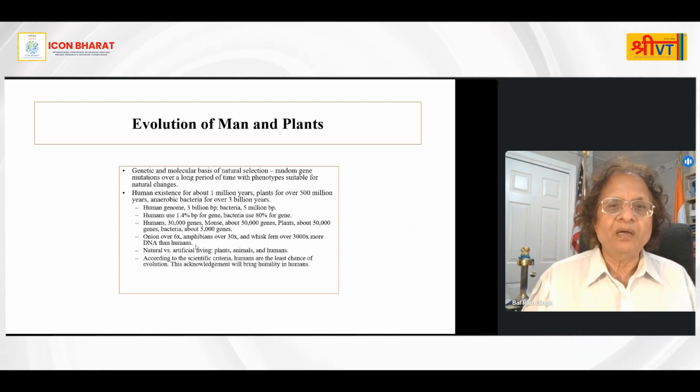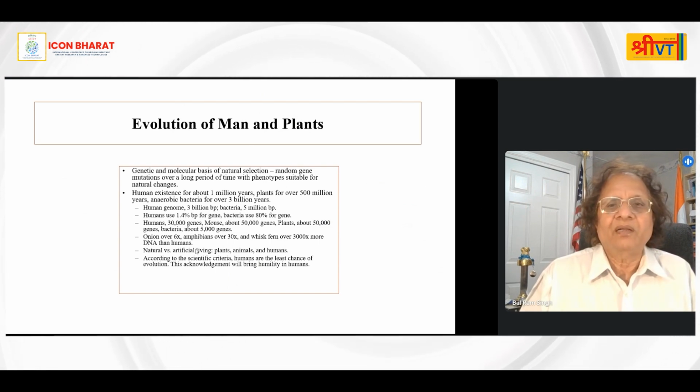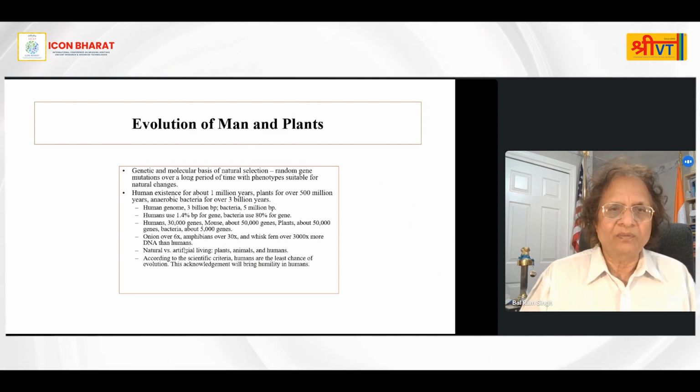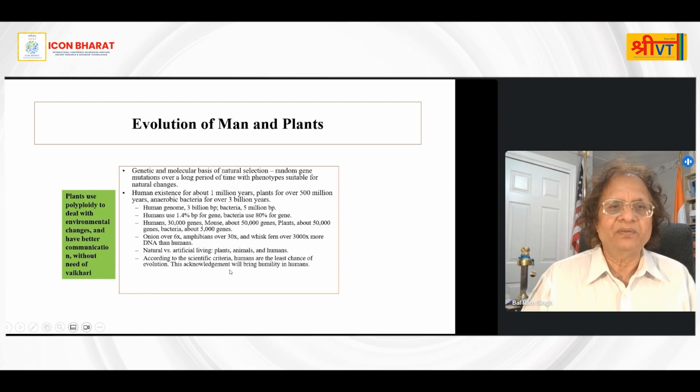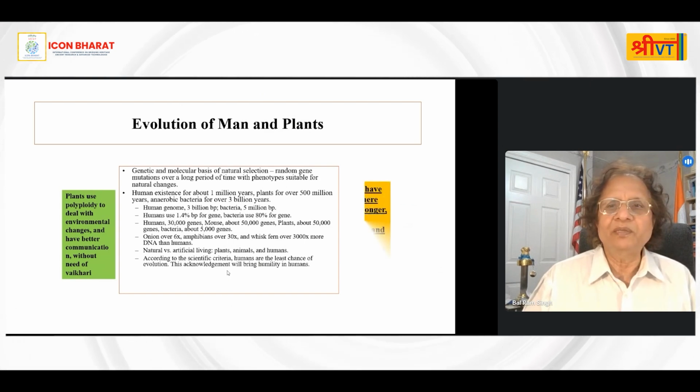Whereas human beings basically live an artificial life and do not have that much opportunity to grow and evolve. So if you think from that criteria, humans are probably least evolved. We can always appreciate something that has been part of India's tradition. So plants, like I said, have polyploidy, so they can deal with environmental changes much better than we human beings.